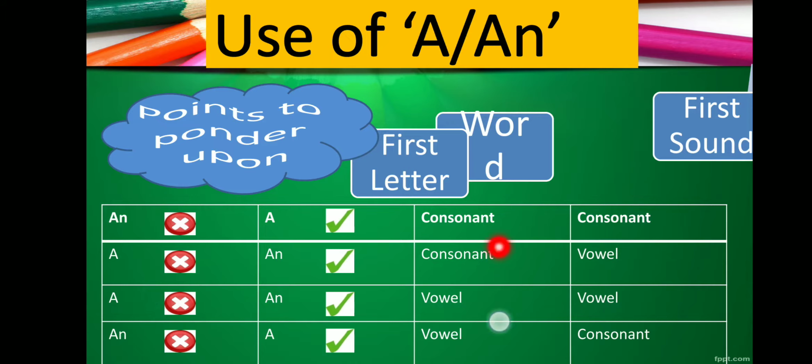If the word's first letter is a vowel and the sound is also a vowel, then we will use article an. Next, if the first letter of the word is a vowel but the first sound is a consonant, then according to the sound, we will use article a, not an.